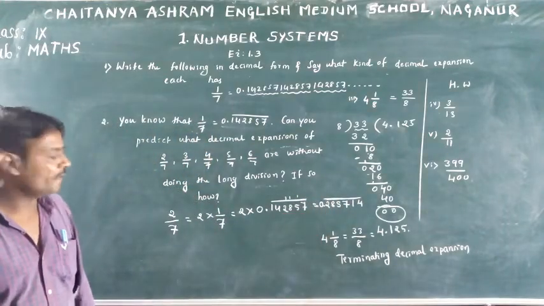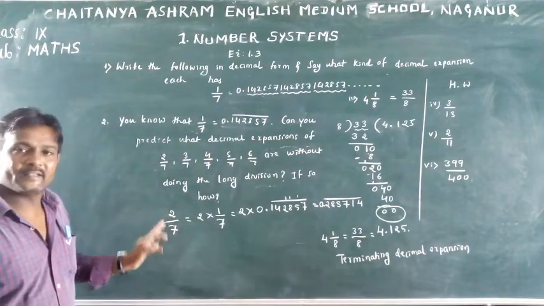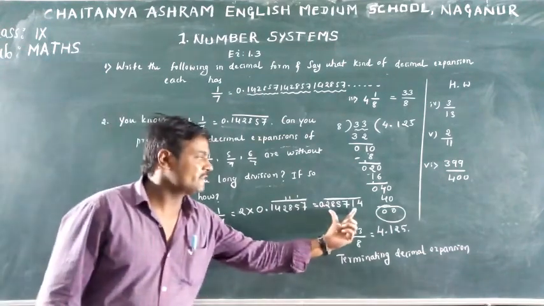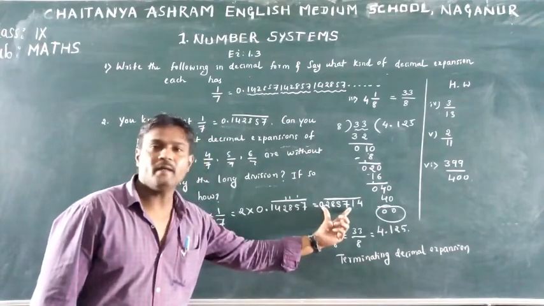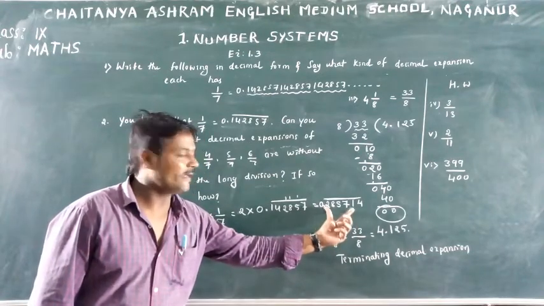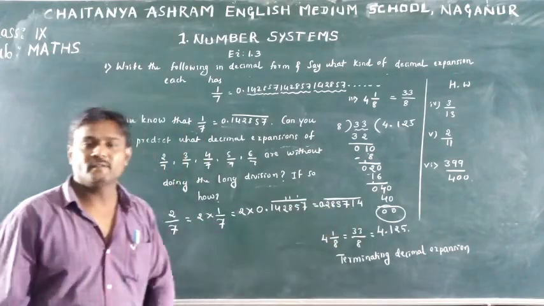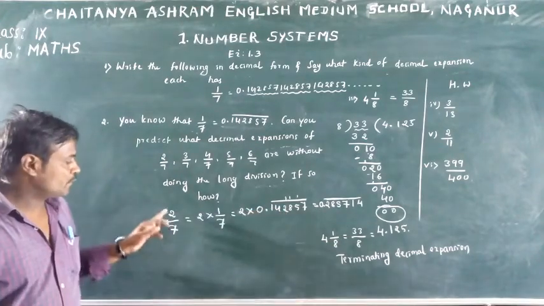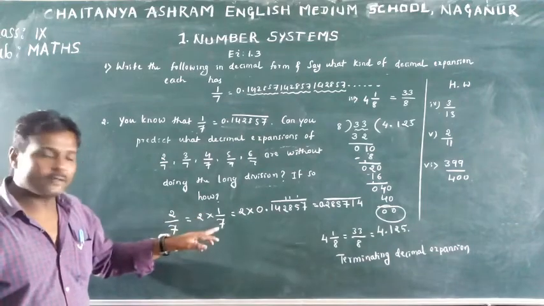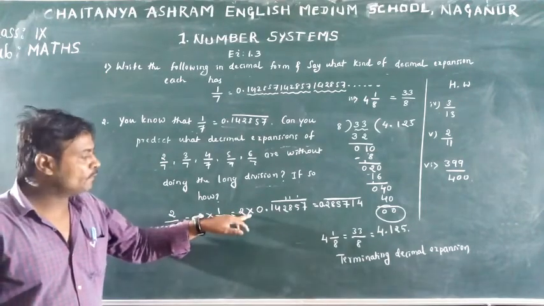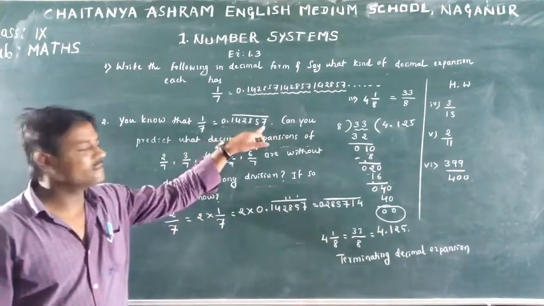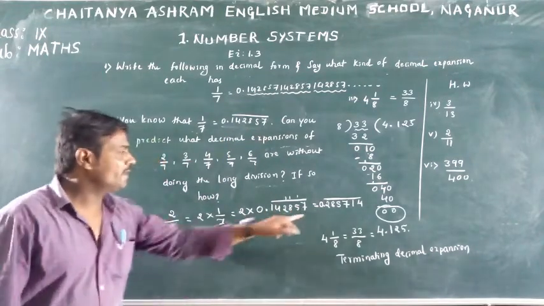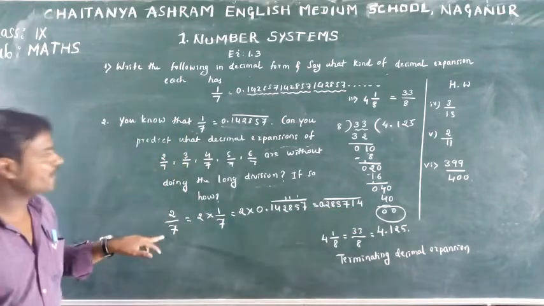So when you are free, divide 2 by 7, do the actual division, you will get this decimal expansion, non-terminating recurring decimal expansion. This is without doing actual division. Understood how I did it? We write 2 as it is into 1 by 7, its decimal expansion is given, multiply this and this, and you will get the decimal expansion of 2 by 7.